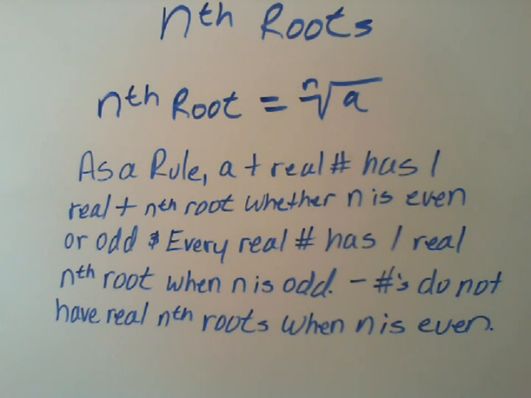Also, if your index is an even number and your radicand is negative, then in that situation you will not have a principal root, and the answer is not defined, because you can't have, for example, the square root of -9.